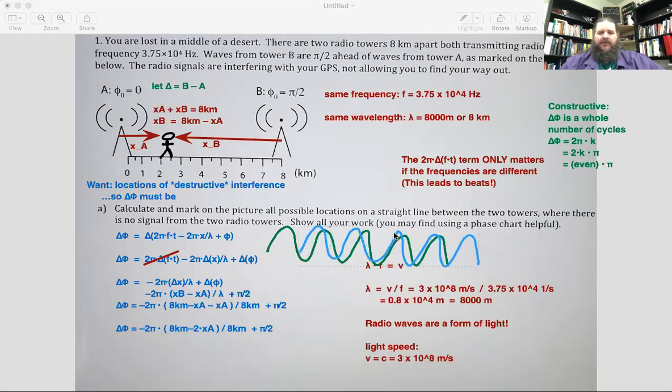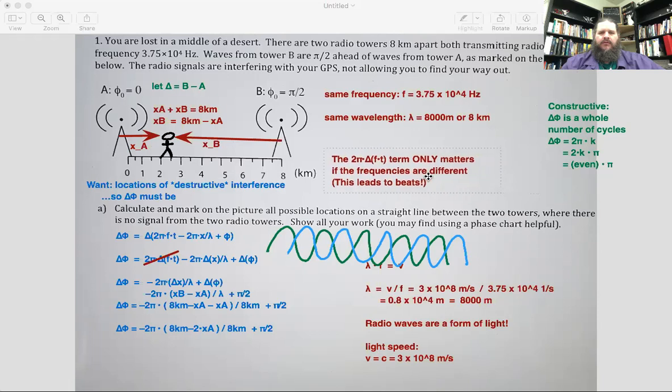To get destructive, you need what fraction of a cycle? Pi. It is going to be pi in radians, but what fraction of a cycle is that? Or well, forget about radians for a moment. Just how much of a cycle? Half. Yeah, half of a cycle.